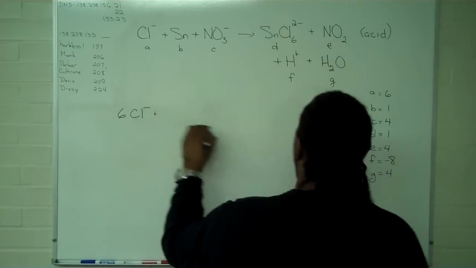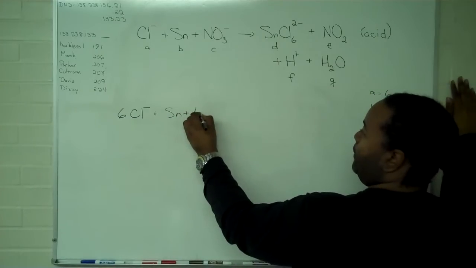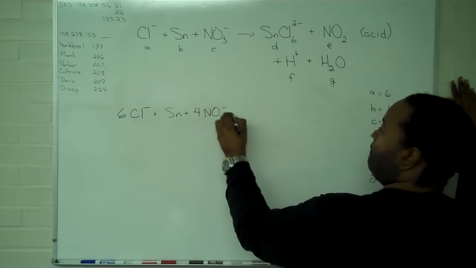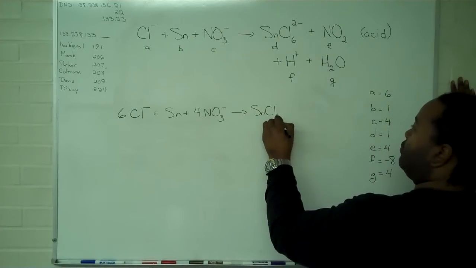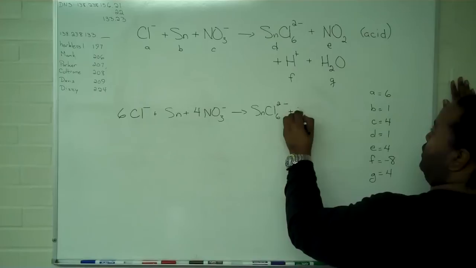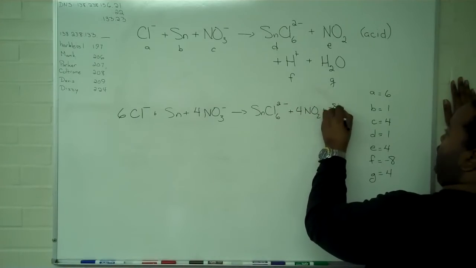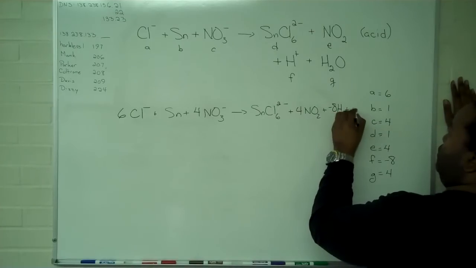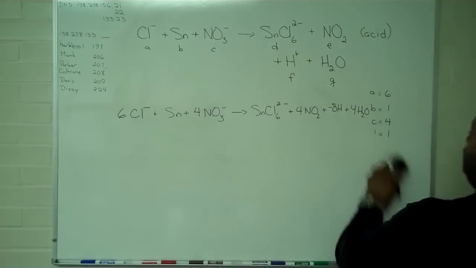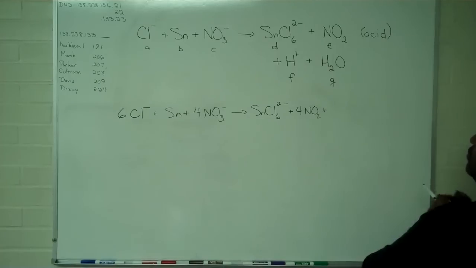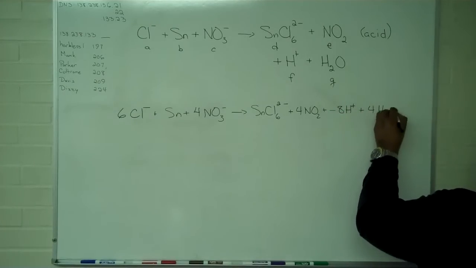A equals 6, B equals 1, C equals 4, D equals 1, E equals 4, F equals -8, and G equals 4. In the interest of space, I'll erase these guys. So I have -8 here and 4 here.